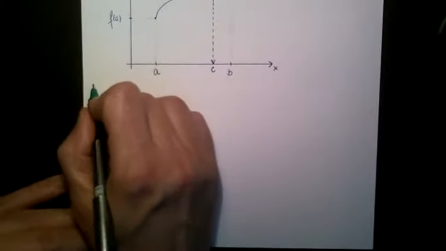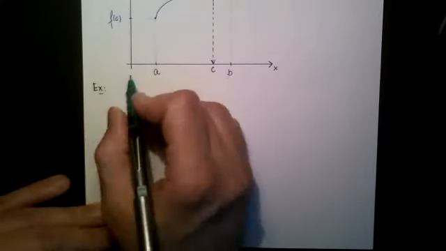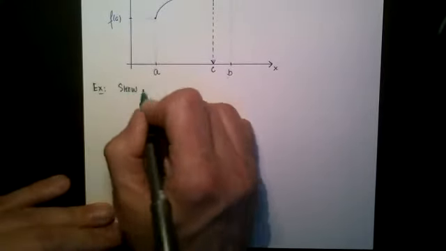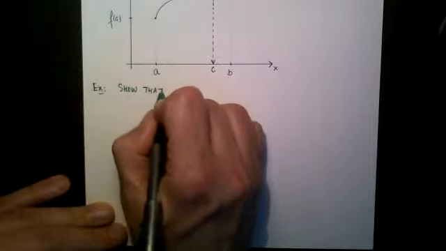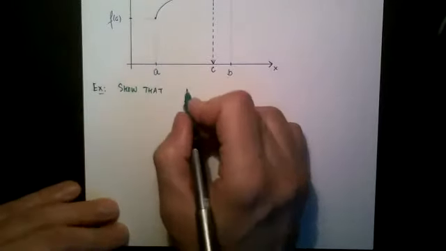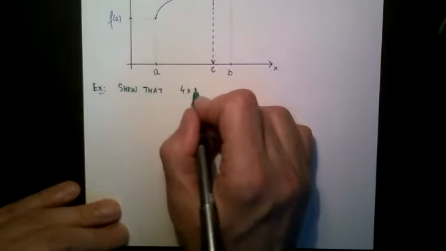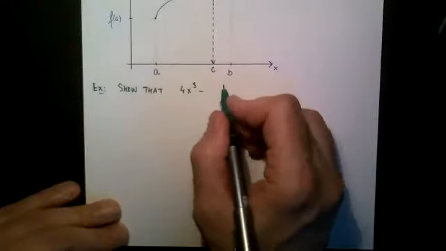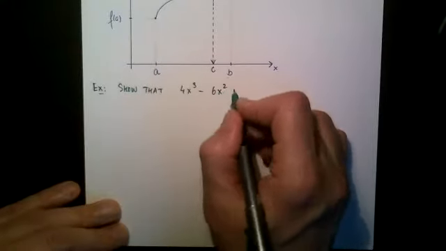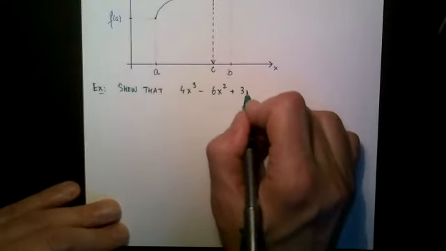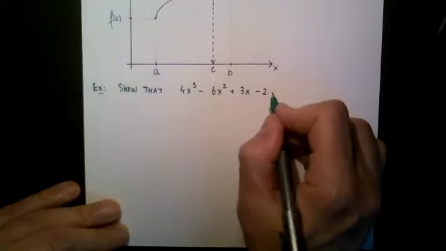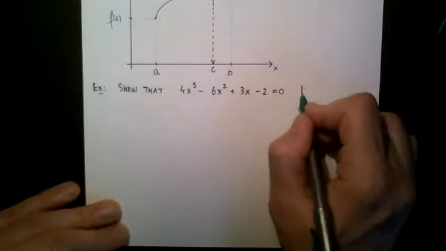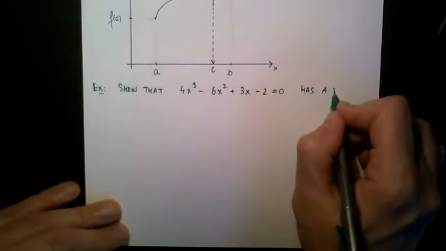So, example. Show that 4x cubed minus 6x squared plus 3x minus 2 equals 0 has a root.